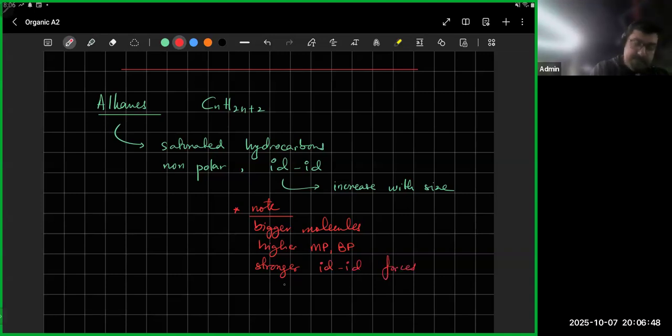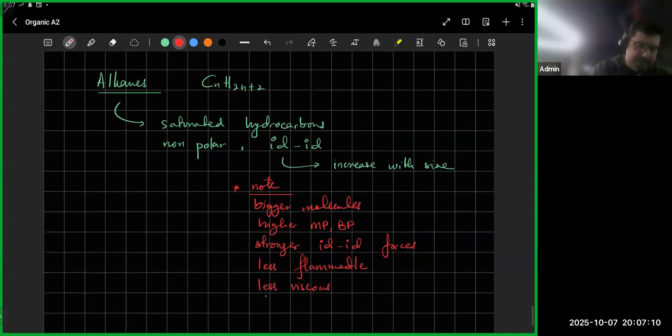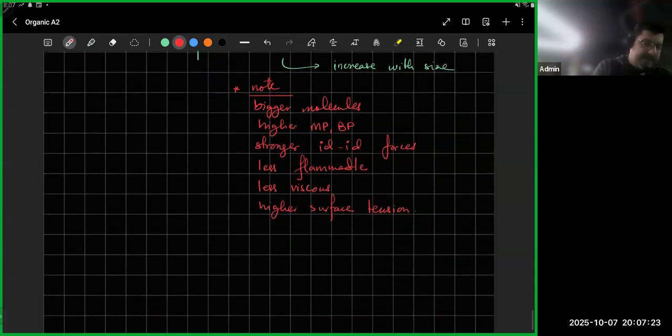And और क्या होगा इसमें? It's going to be less flammable. It's not going to easily mix with oxygen, and it's going to be less viscous as well. And you can go on. It's going to have higher surface tension as well. There's going to be more attraction. So all of that. अच्छा, anyways, that's alkanes.